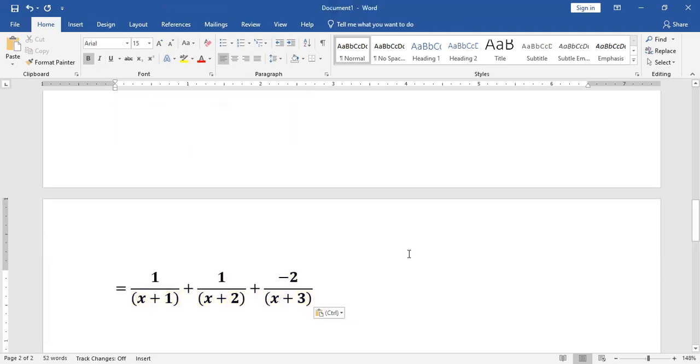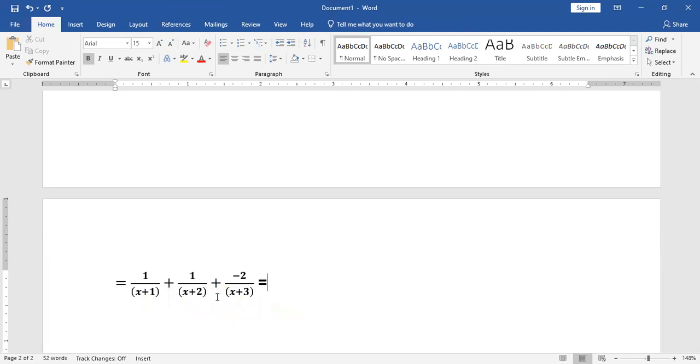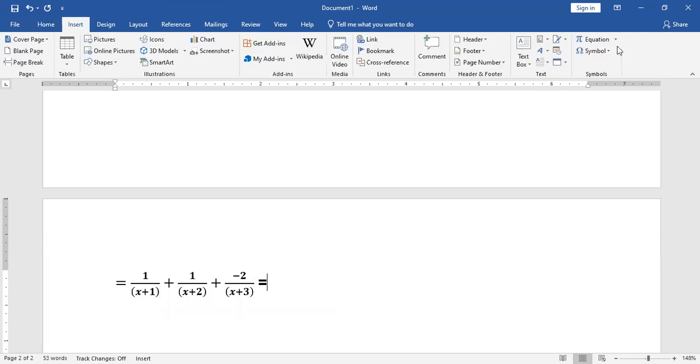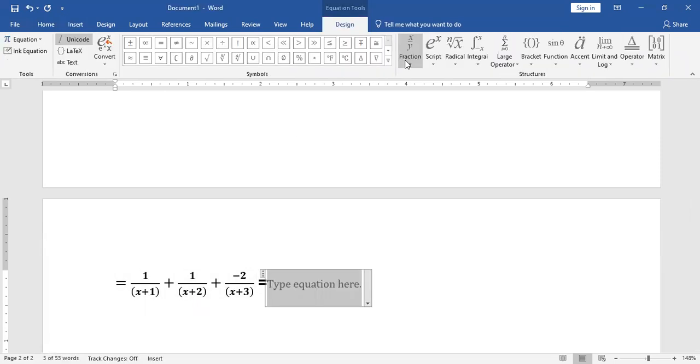Quickly, we have that. Okay. And if we are finding like this, we can safely say we have the common denominator will be this, multiplied by that, multiplied by that. So we can safely say we have 1 plus 1 minus 2.